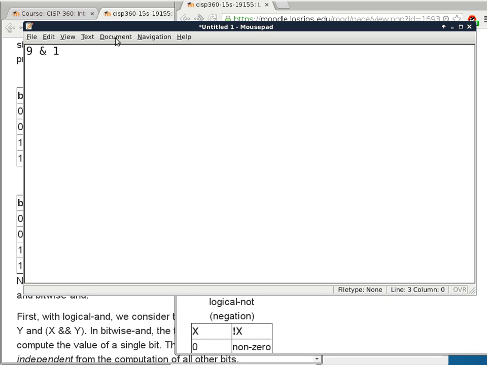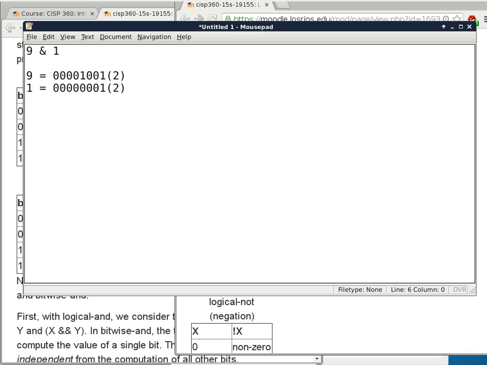So 9 in base 10 is 0000 1001 in base 2, because 9 has one 1 and one 8. That's how you can determine how to write it. 1 is easy, that's 1 in base 2.